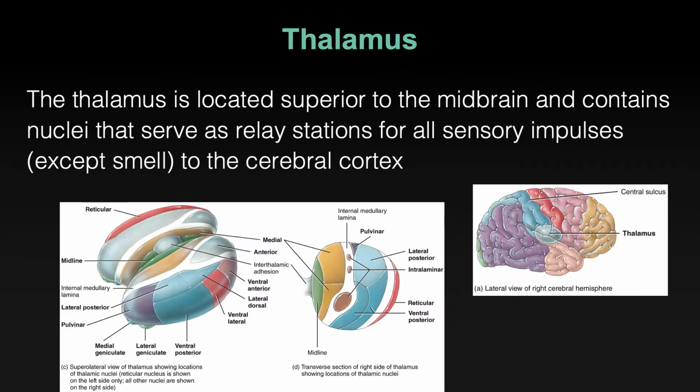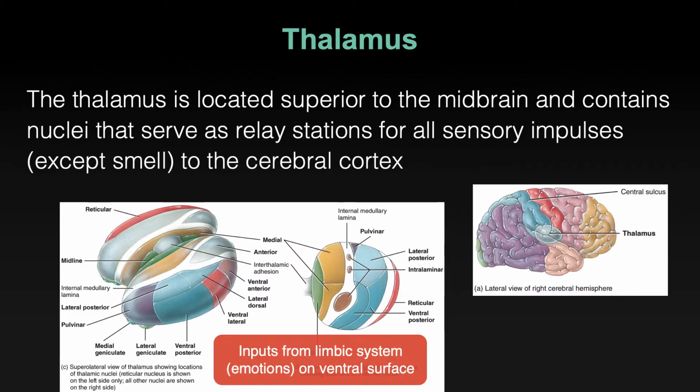I also want to take a moment. What's not shown on this slide is that on the underside, the ventral side of the thalamus, the limbic system, or the emotional brain, makes connections, which could be why some senses trigger memories or emotions. Sight, touch, taste might relate to emotions or some memories that you've had in the past.